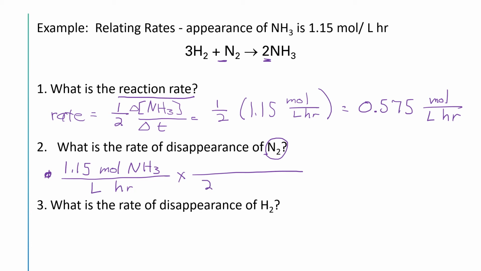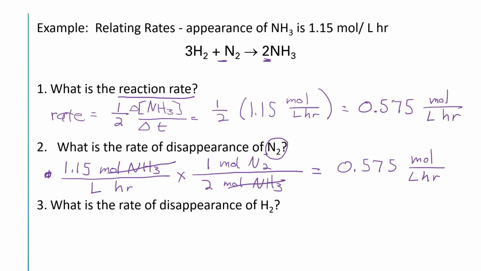So for every 2 moles of ammonia, we get 1 mole of nitrogen. And so moles of ammonia cancel, and if you run that through your calculator, you're going to find 0.575 moles per liter per hour for nitrogen.